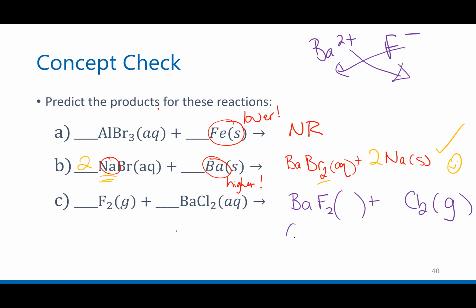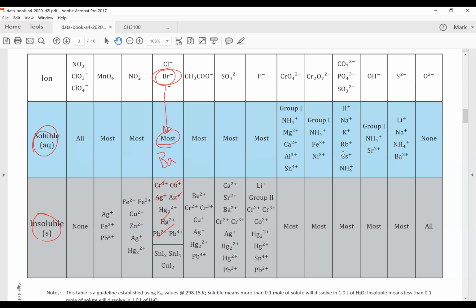Well, it's a compound. And anytime you see a compound, you need to look at your solubility table. So I'll go to my solubility table. Here it is. I'm dealing with fluorine. Honestly, if you gave me this on a test and I didn't have my data booklet, I would have said barium fluoride was soluble, aqueous, but it's not.